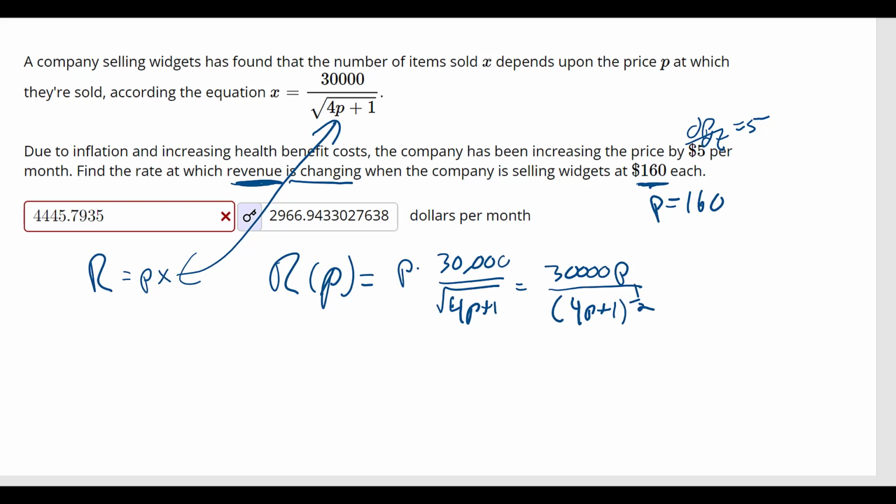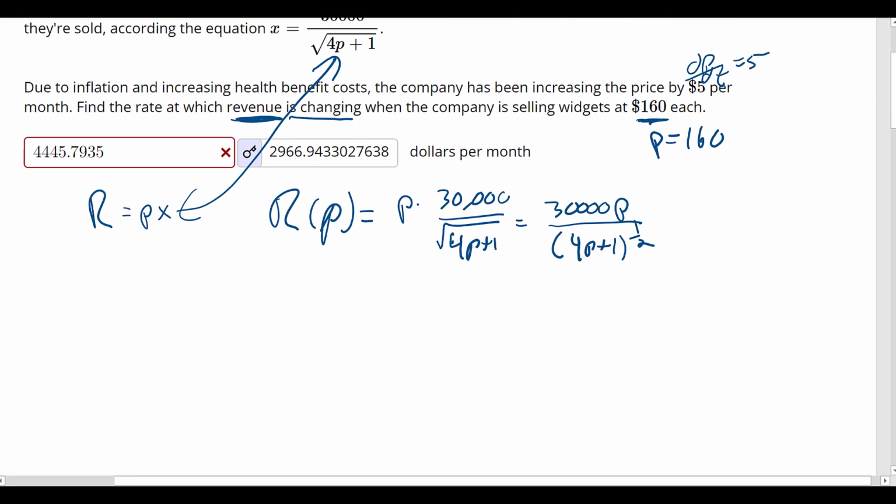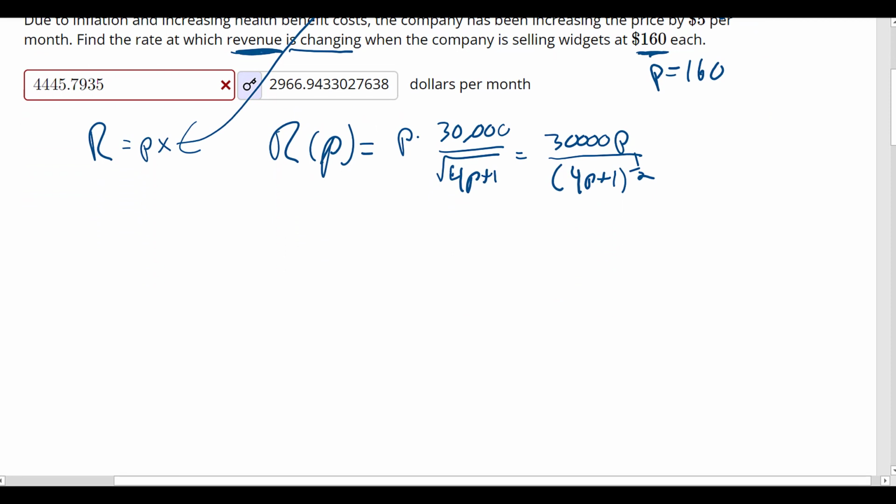When I'm taking derivatives, I find it much easier to have it as an exponent instead of a radical notation, but maybe you don't feel the need for that.